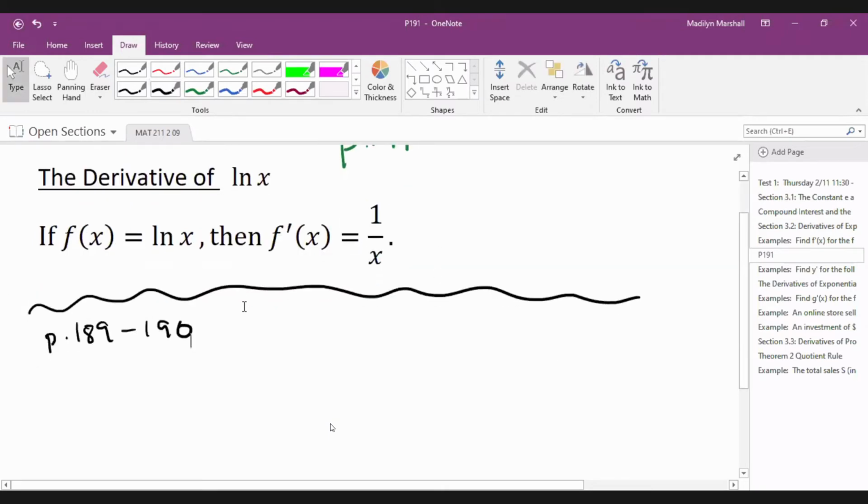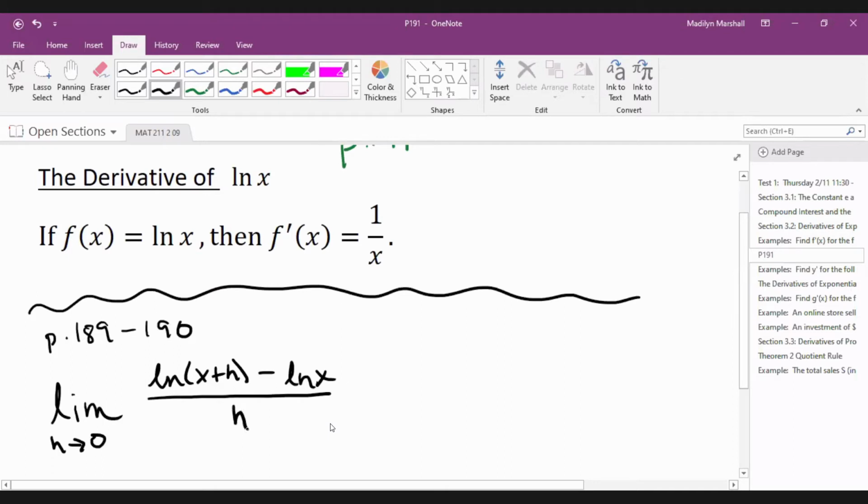And it's not something we're going to do in class because it's pretty involved, but it is a fact that if we take the limit as h goes to 0 of the natural log of x plus h minus the natural log of x over h, so that's the limit definition of derivative, that 4-step process, that limit does equal 1 over x.